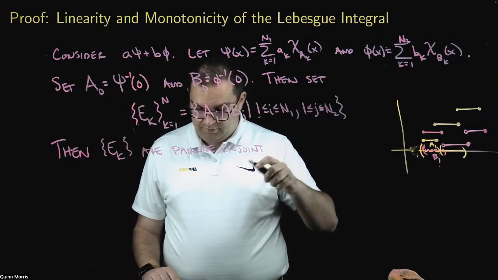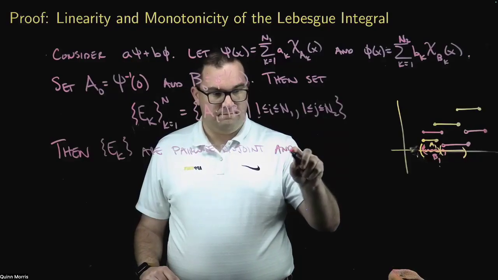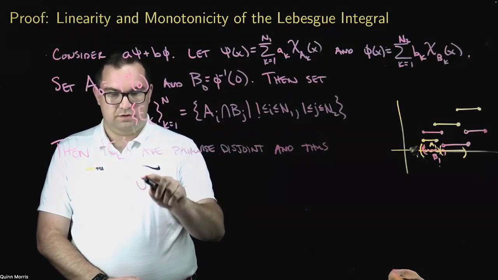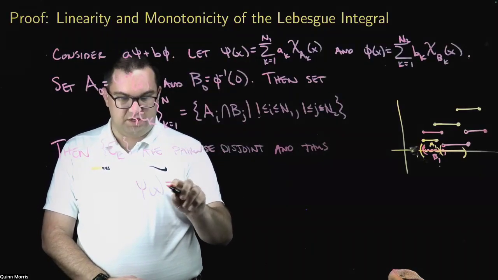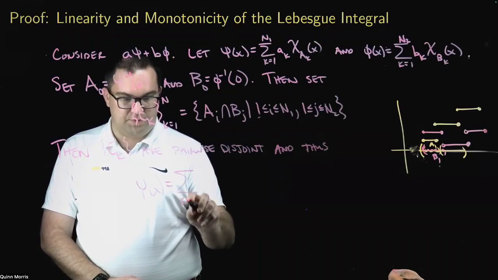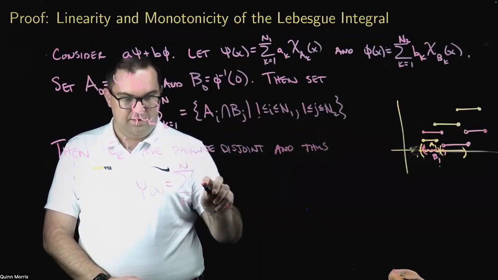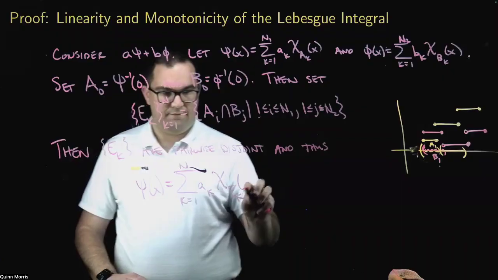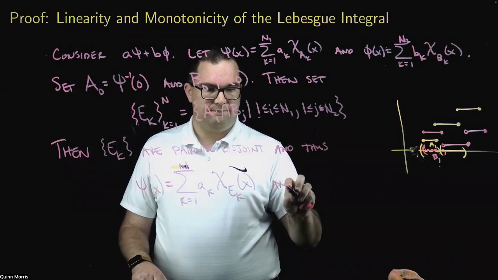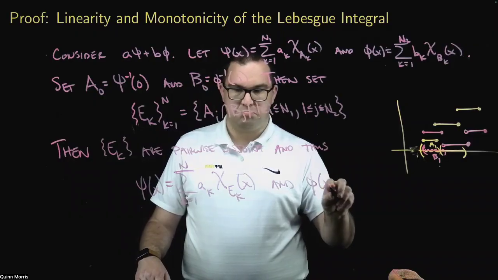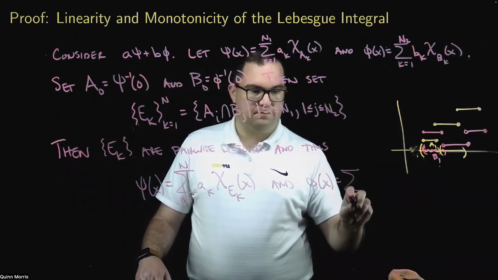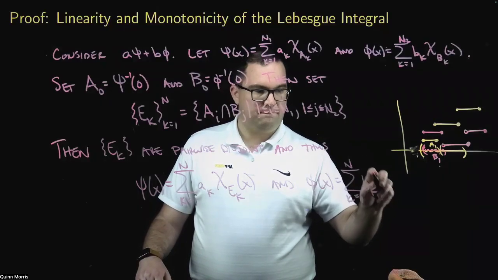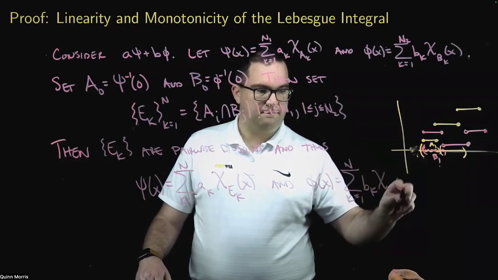And further, we can express psi of x not in terms of its canonical representation, but we can express it in terms of these sets EK as a sum of AK times chi of EK. And similarly, we can express phi as a sum k equals 1 up to n of BK chi of EK.